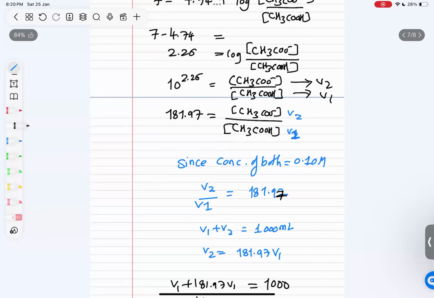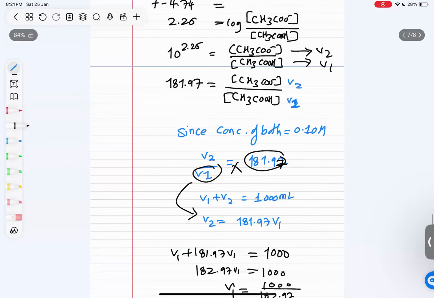Let's say that both of them make a volume of 1,000 milliliters. So we can say V1 plus V2 equals 1,000 milliliters, and V2 is equal to 181.97 V1. So I can remove the V2 from here and, instead of V2, put 181.97 V1.